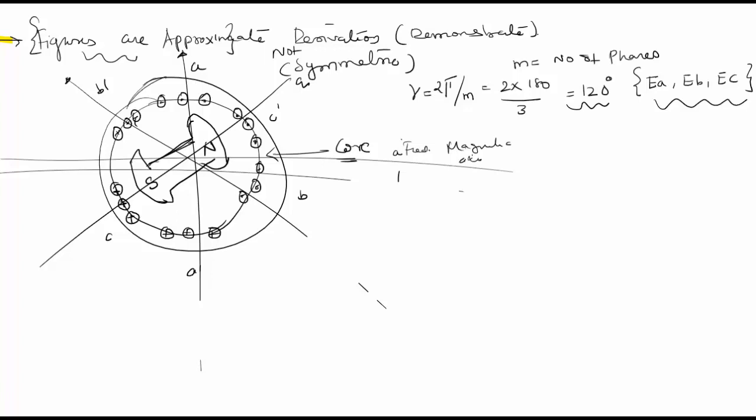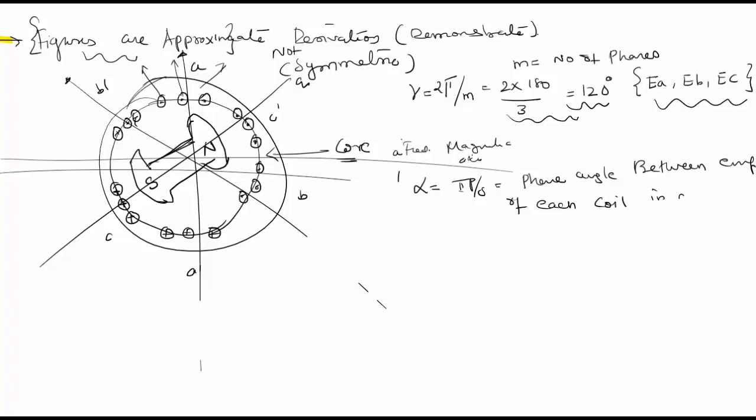Also, each of these coils is placed 120 degree apart from each other, and if I consider this as my phase A, then alpha is equal to phi p by s, the phase angle between the EMF of each coil in a phase.